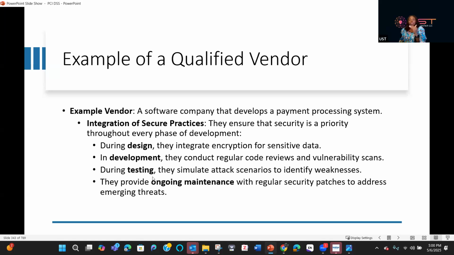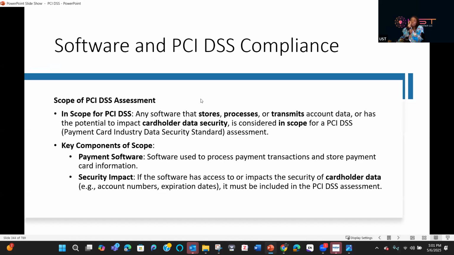During the testing phase, because you have all of these phases, they have different things that are being done, they simulate attack scenarios to identify weaknesses. Do you see? You do it before you even deploy. And they provide ongoing maintenance with regular security patches to address emerging threats. Do you see? You start all the way from the integration to the design, development, testing, and so on and so forth, right? Then software and PCI DSS compliance.